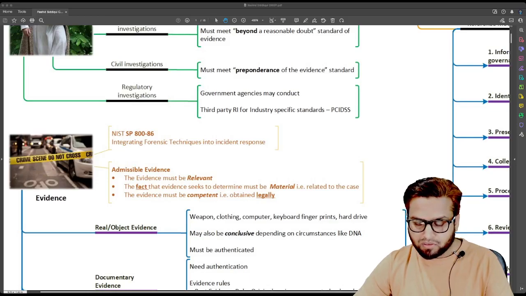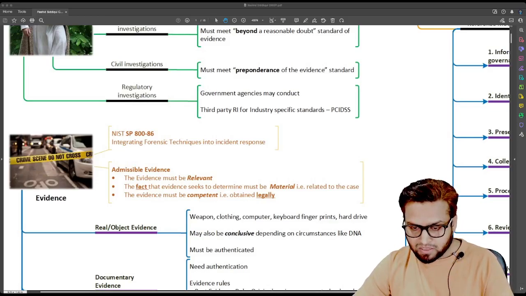The people who are actually doing some bad thing can say that they have been forced to give this evidence, and they can file another case on the first party. So this is also very important, that the evidence must be competent, that is, it has the legal sanction to be called evidence, right?